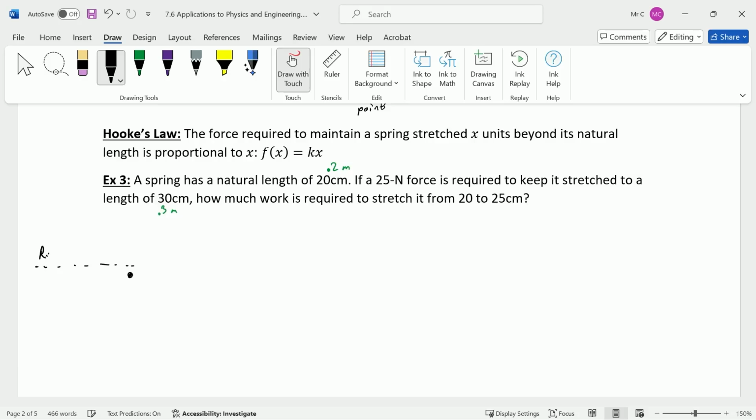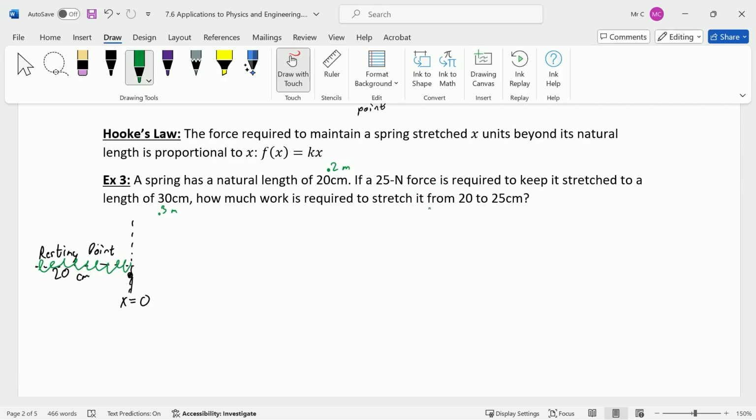One of the key things that you want to do generally for these types of problems is set x equals 0 to be at the resting point. So I draw a spring. x equals 0 is the resting point.